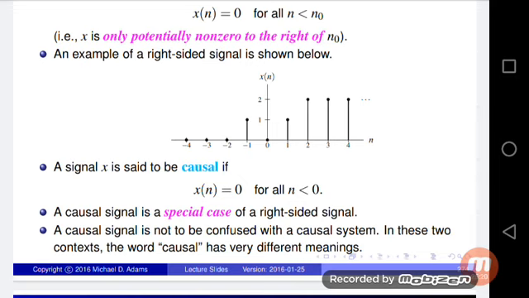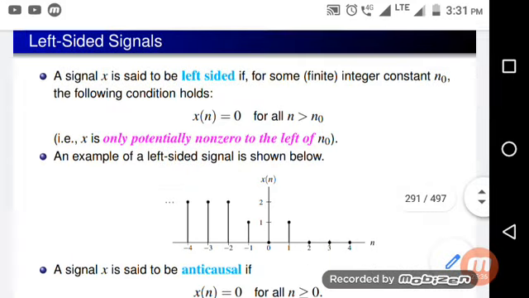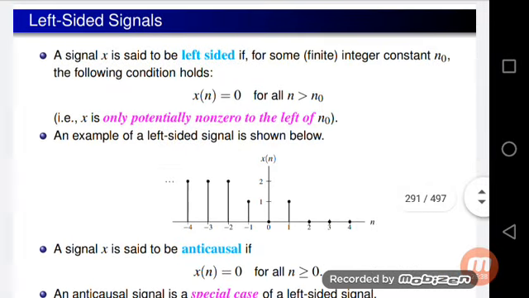A causal signal is not to be confused with a causal system; the word causal has very different meanings in these two contexts. Now left-sided signals, compared to the right-sided signals.